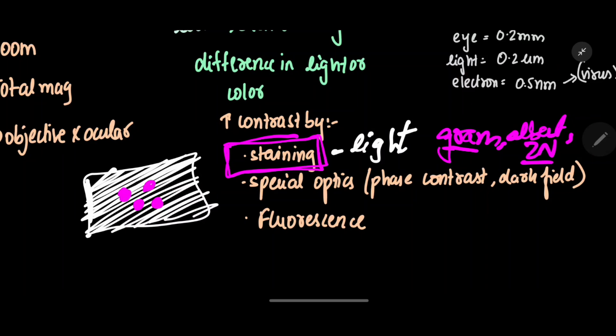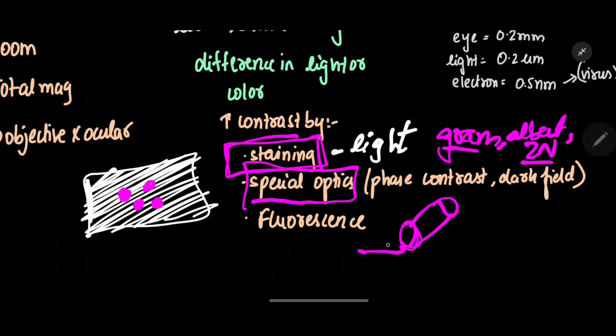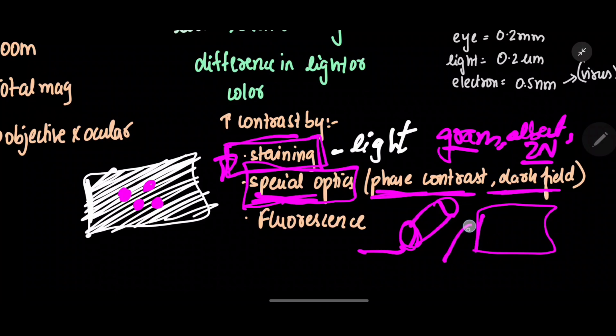Now all of your microscopes do not use a stain, okay? There are some special microscopes that have some special optics, like the whole architecture, the whole mechanics of the microscope is made in such a way that it is special. You don't need to use a stain. Such microscopes are the phase contrast microscope and the dark field microscope, and staining is not really used. In this, the bacteria is illuminated in such a way that you can tell it differently from the background.